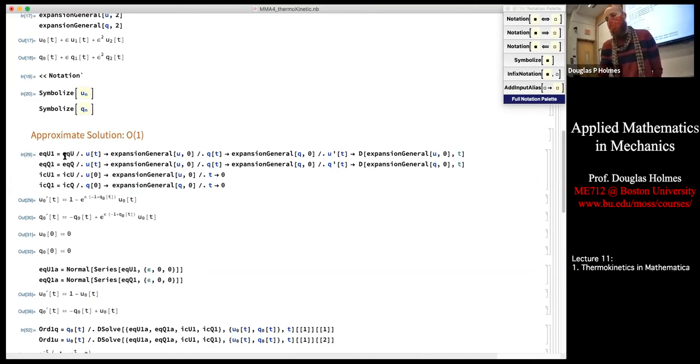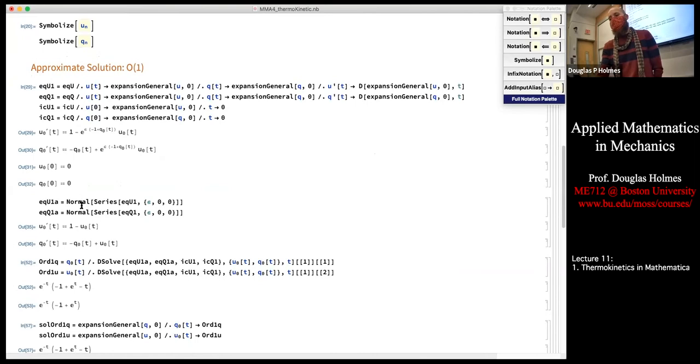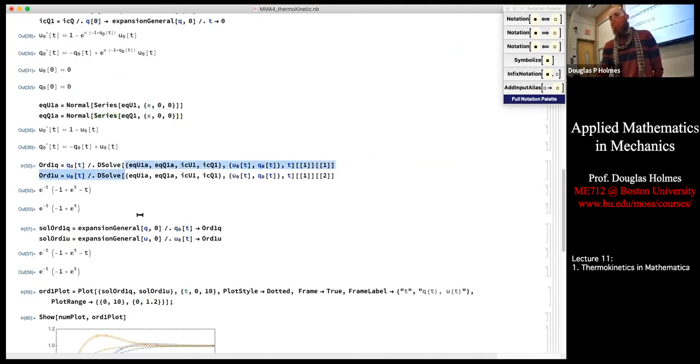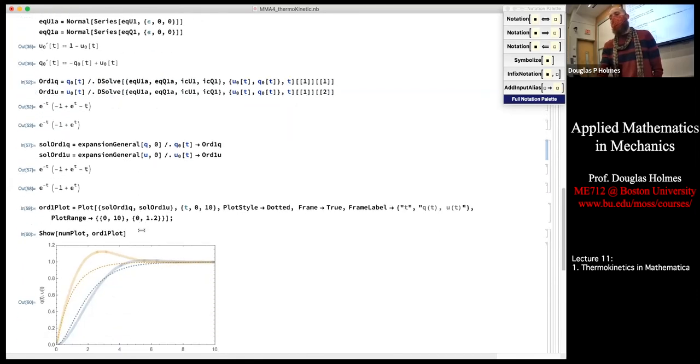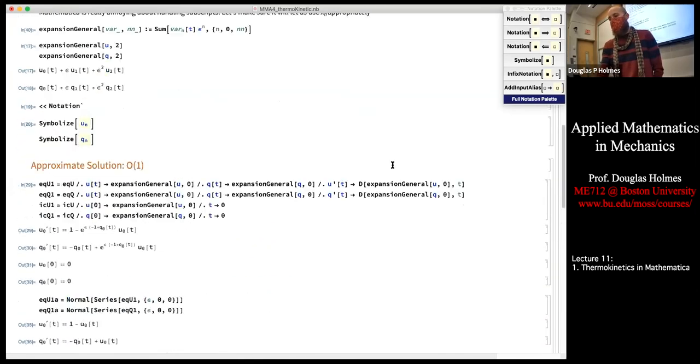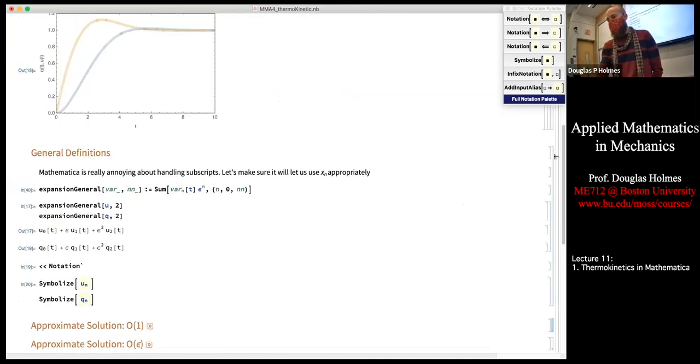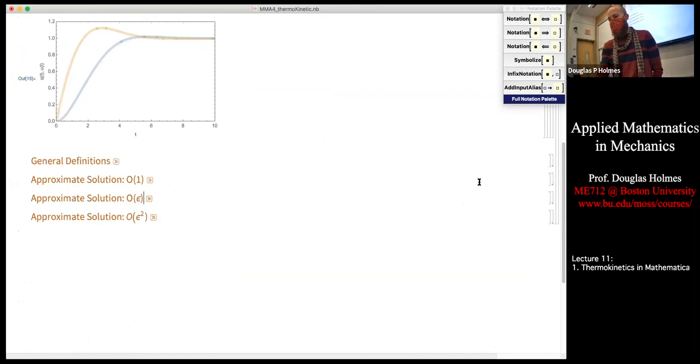Take my initial equation, do my expansion to whatever order I want, replace U, Q, and its derivatives, do the same for the initial conditions, expand the series and truncate it to whatever order I want, in this case, the 0th order, solve it at this order, insert it back into the general solution that we guessed at, plot it. We're going to do the same thing. So now we'll go to order epsilon.